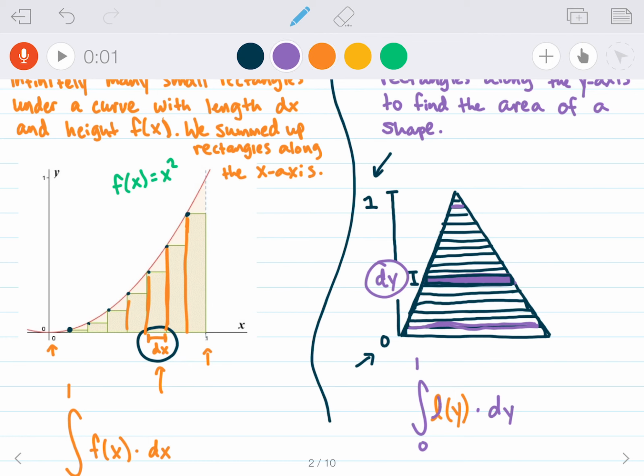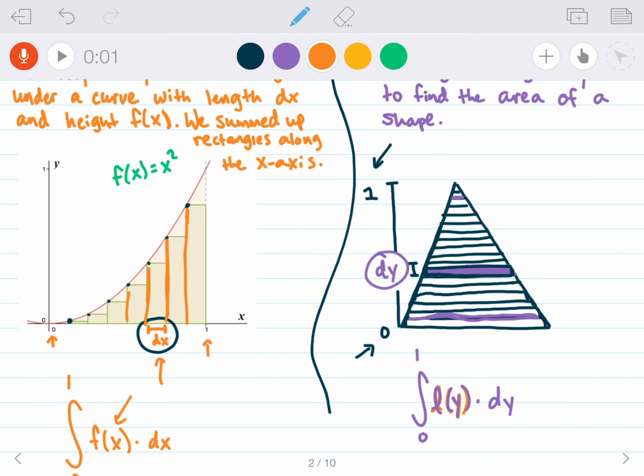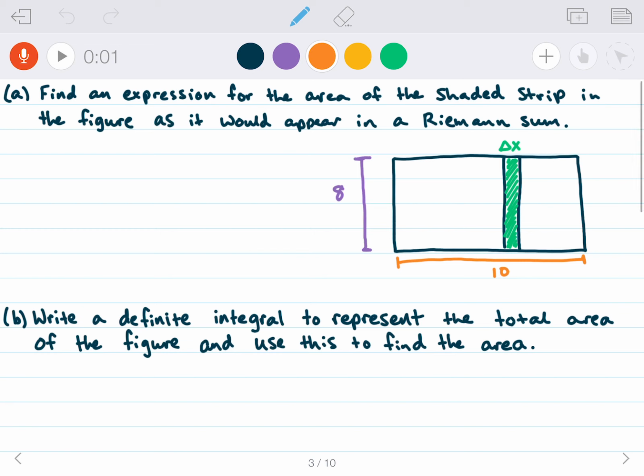That's the key idea here: we want our length function to be in terms of y, just like our length function over here was in terms of x, because we're integrating with respect to the x-axis. Whatever axis we are integrating with respect to, we want to make sure that our height function is a function of that variable. This might make more sense as we go along, but let's just keep going.